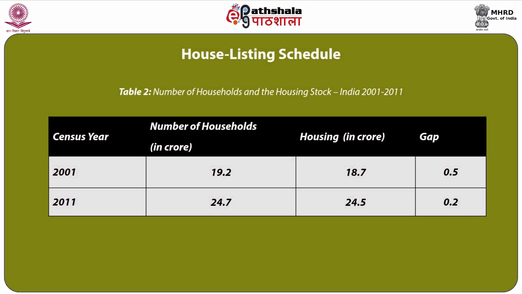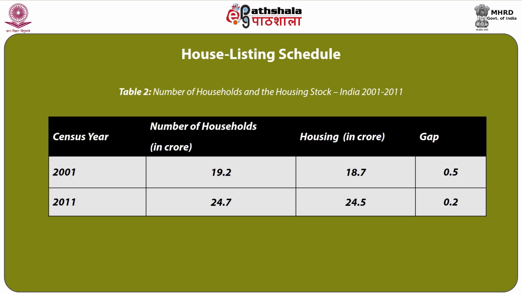Table number 2. Number of households and the housing stock, 2001-2011. Between the census years 2001 and 2011, the number of households, as described earlier, has significantly increased. The number of households in crores in 2001 was 19.2, while in 2011 it is 24.7, while housing stock has gone from 18.7 to 24.5.